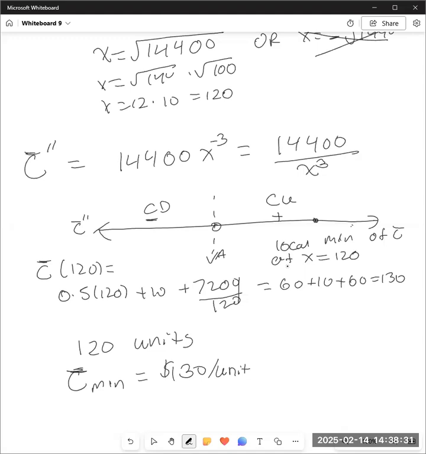This is the average cost per unit. I might just want to say the minimum for C bar is at x equals 120, and it's $130.